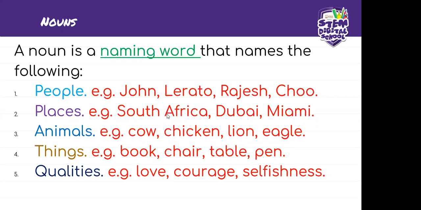South Africa is a country at the southern tip of the African continent. Dubai is many people's dream holiday destination. Then we have Miami, which is a city in the United States of America. Yeah. So all these are nouns.